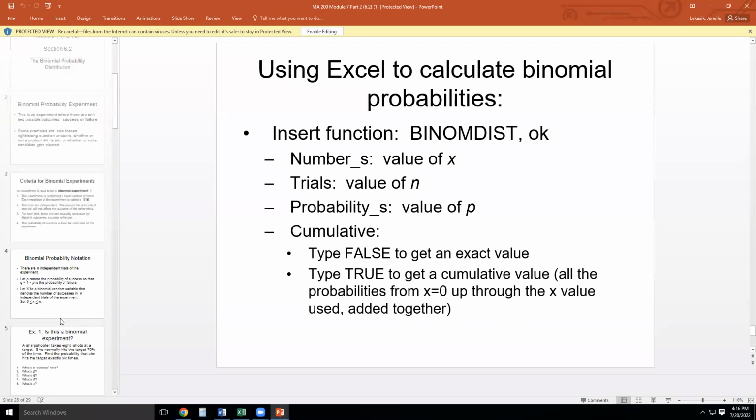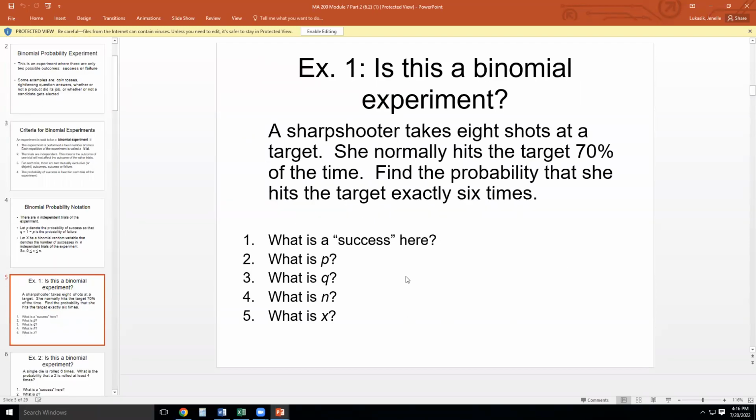Go back to my example. Remember, X is the last one that we thought about. How many times exactly do you want the success to happen? In this case, 6. Then number of trials is how many total times are you doing the experiment? In that case, it's N, which is going to be the 8. And then probability of success stands for the little p value.